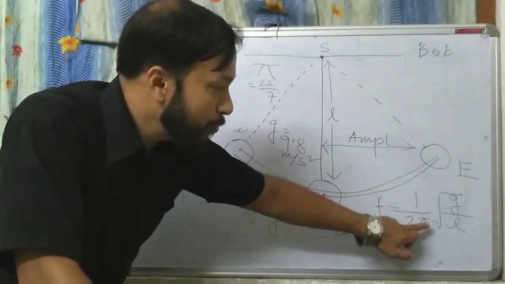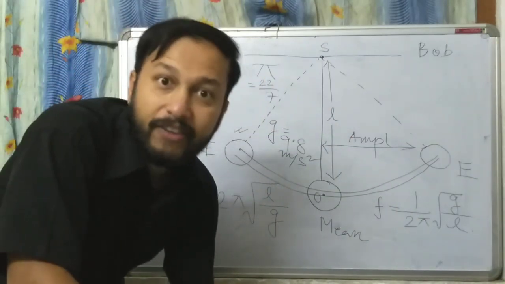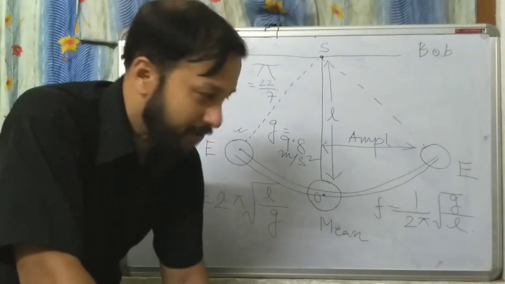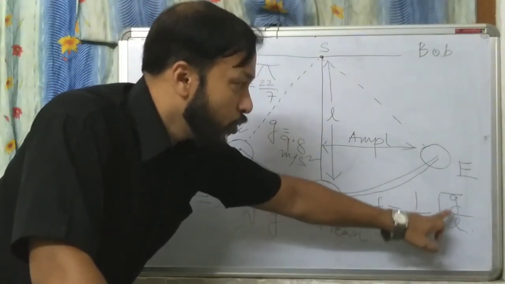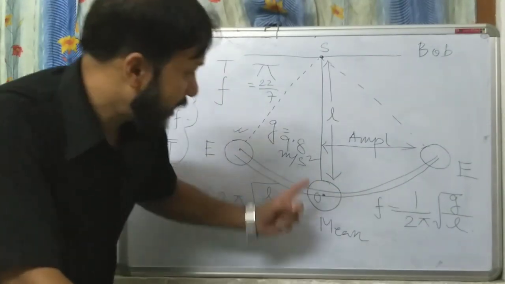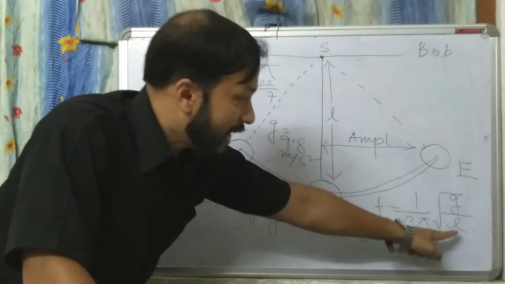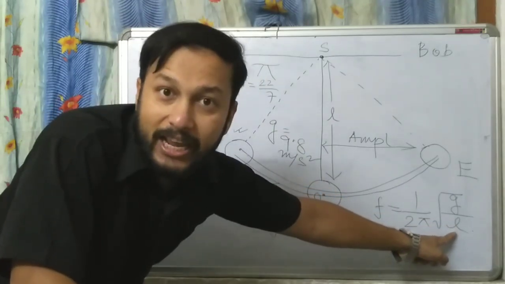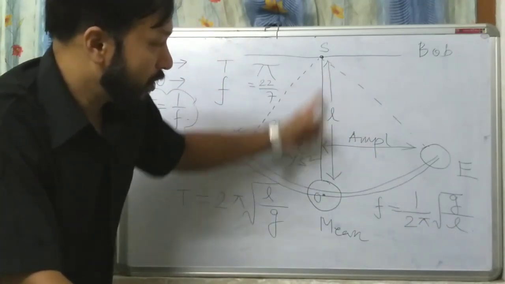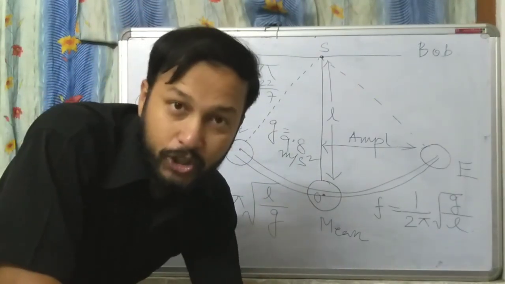Pi we know, the value of pi is 22 by 7. Root over G by L. What is G? G is gravity, the value is 9.8 meter per second square. What is L? Length of the pendulum. I told you, length of the pendulum. Understood? So these are the relations you have to remember.